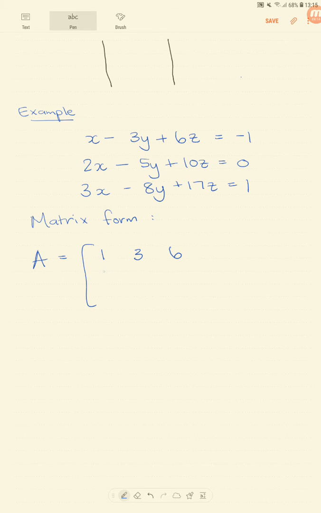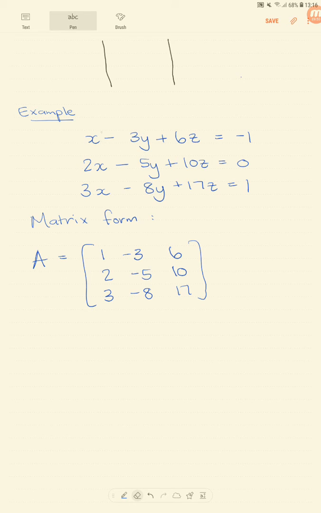In the second equation, which would be our second row, x is 2, y is minus 5, and z is 10. Final equation, final row, 3, minus 8, and 17. So our coefficient matrix would look like this.